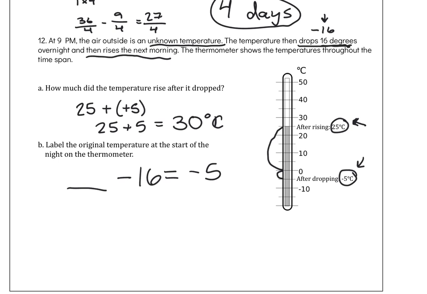I'm looking to try and get a negative number, but if I go anything bigger than 16, I keep getting positive answers. So I know that my number has to be smaller than 16 in order for my answer to be negative. Well, how much smaller does it have to be than 16?